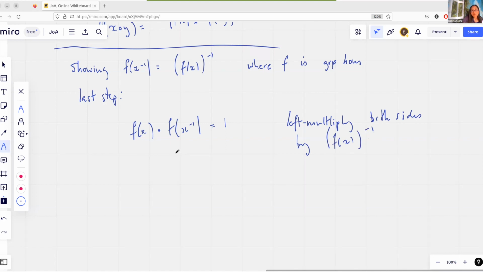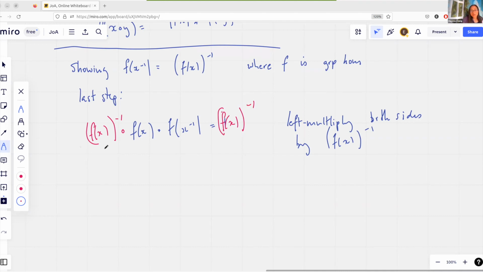So if we left multiply both sides by f of x inverse, then what we're doing here is we're putting that there, and we're also putting it here. So on the right hand side, we've only got the identity anyway, so we're just going to get f of x inverse, right? So that's what we've multiplied by on both sides.